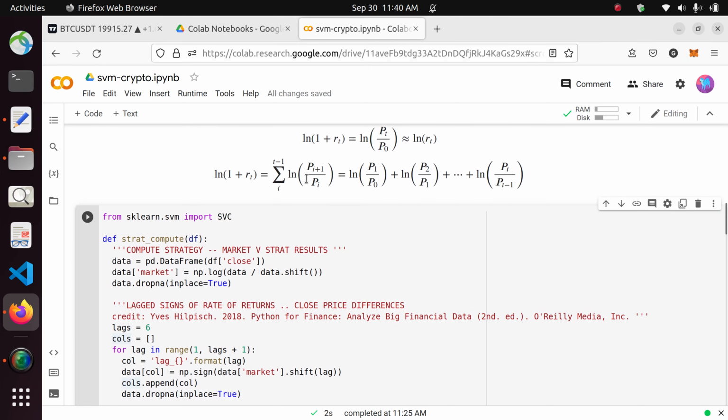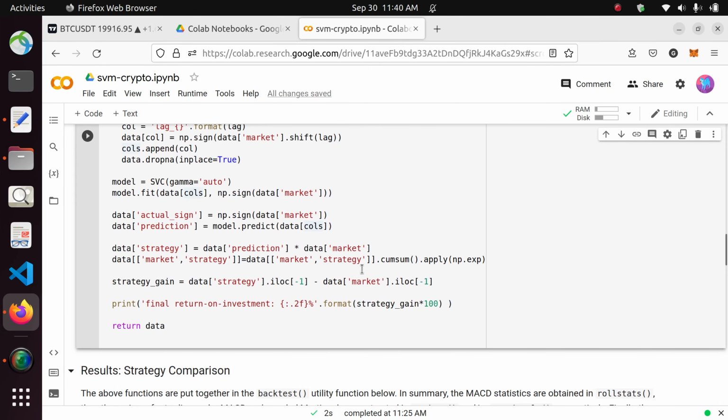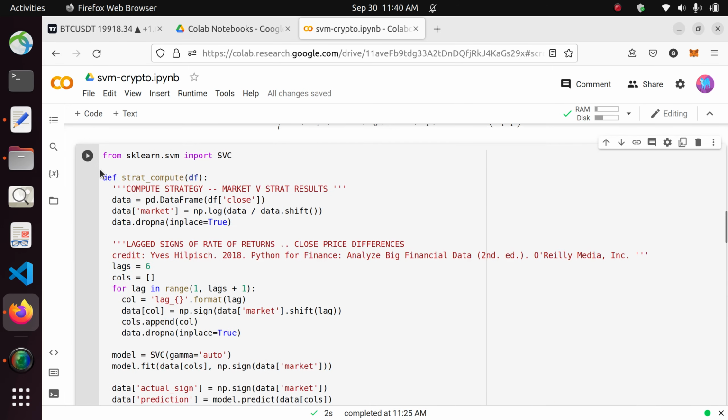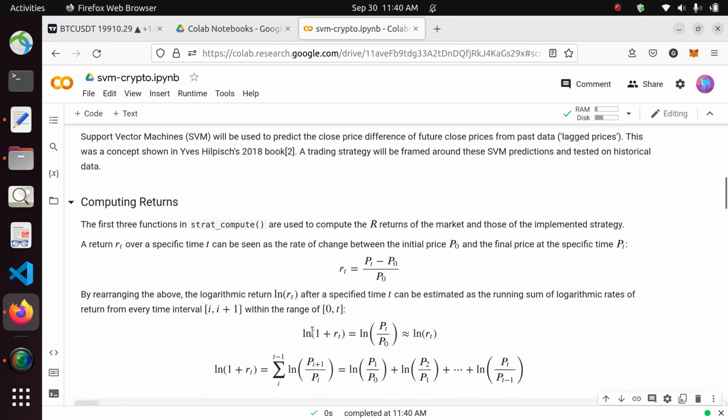And then we're taking the exponent because we don't want them in logarithmic form. We want to express the total rate of return in natural form. So that's what's going on there. Strategy again, it's just finding a theoretical ROI, quote unquote, times 100 because I'm just putting it in percentage. And that's basically it. That's the bulk of this algorithm. So we run it.